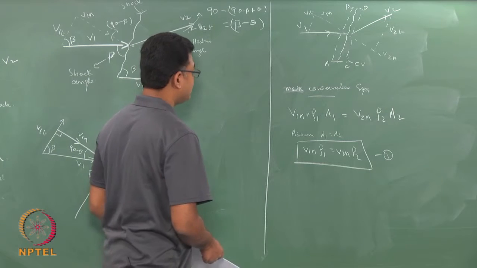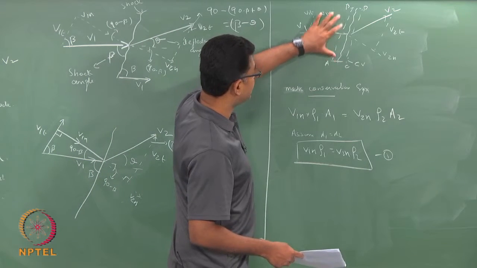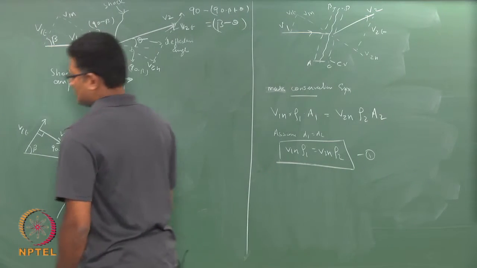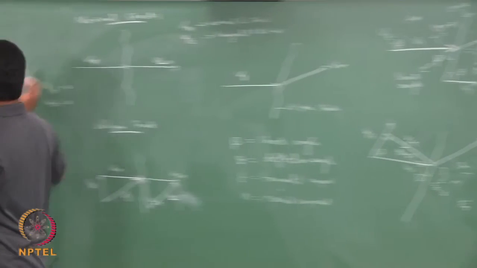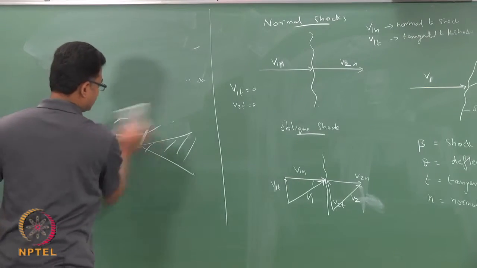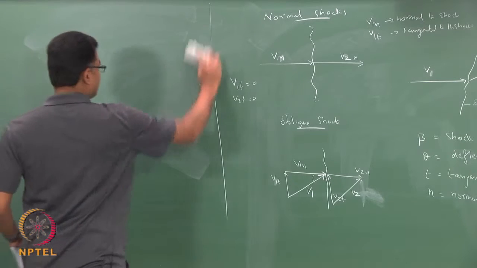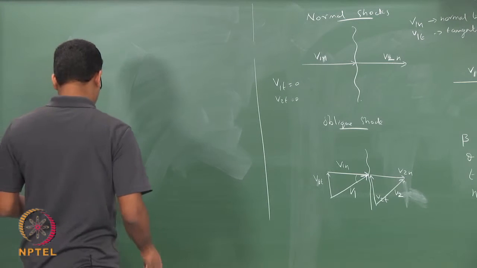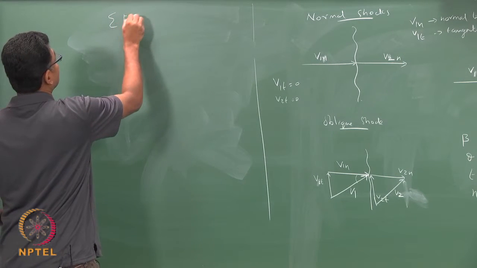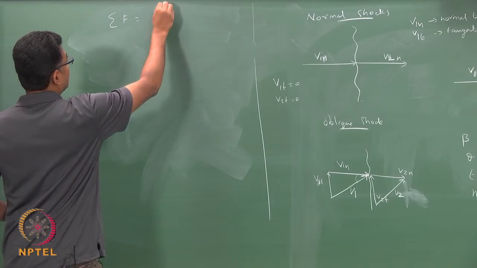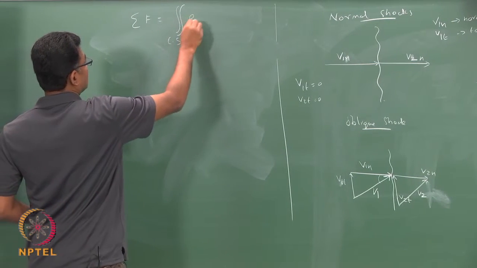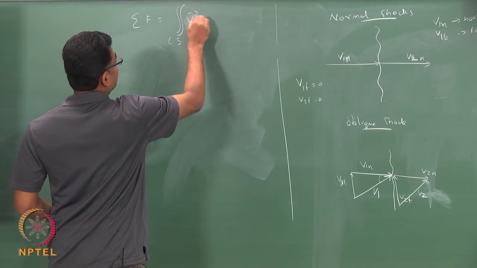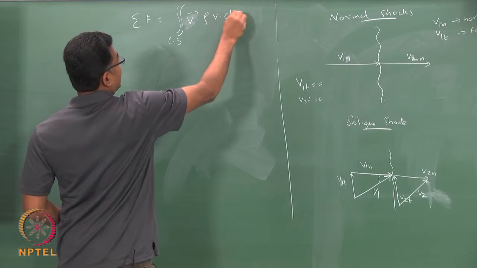Now, I will apply the momentum equation to this control volume. Sigma F in X equals the integral around the control surface of V bar dot rho V into dA.